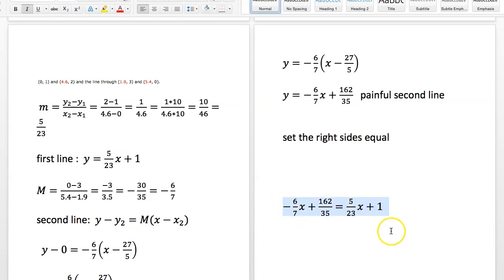Control C, please, and then Control V. With that, you always want the other line in view. So minus 5/23 x, but that's got to go now. Bad. That's got to go. And then what has to come in is that negative 162 over 35, and it's negative because it jumped the river, and that plus sign has to go by that 1 because it didn't jump the river. So that plus 1, guys, it stays plus 1.